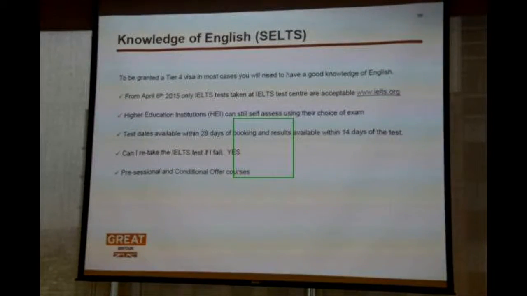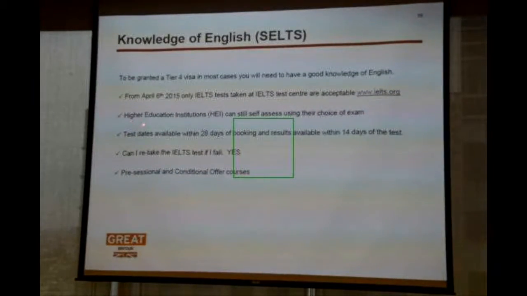Knowledge of English. I believe you've had a presentation about this today. Yeah, yourselves. So, as some of you may know, this was introduced on April the 6th, 2015. And UK visas, for application purposes, will only accept an IELTS certificate. Okay?